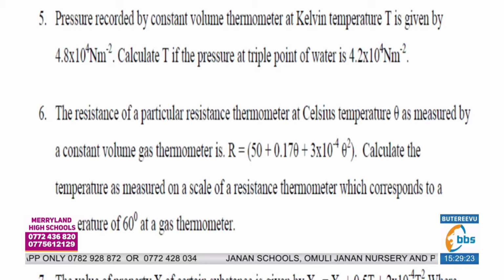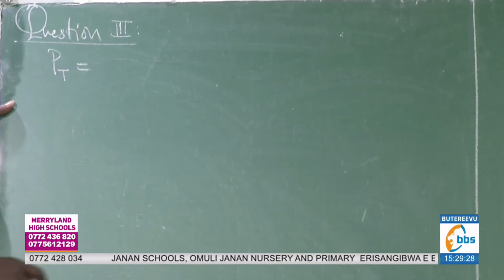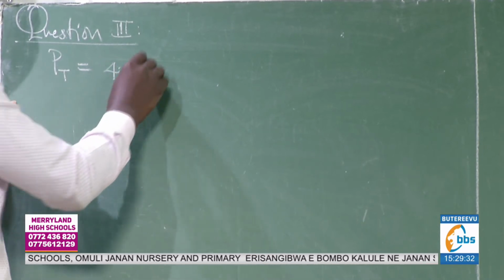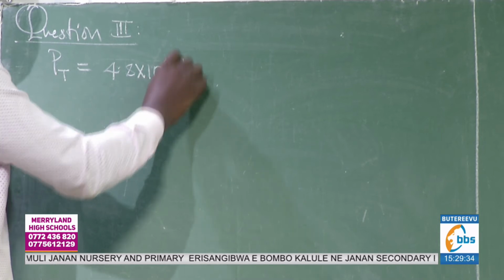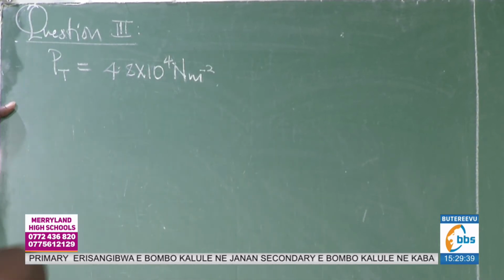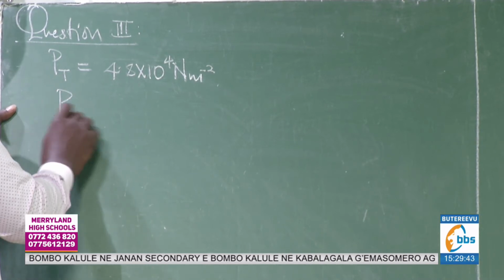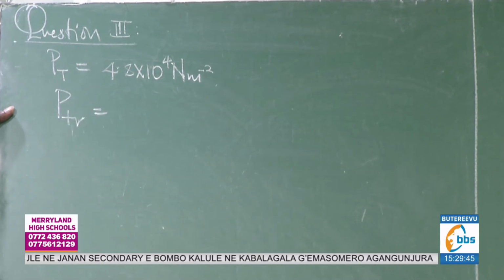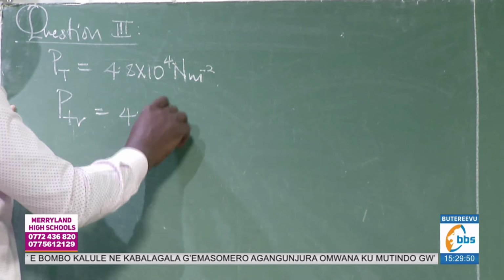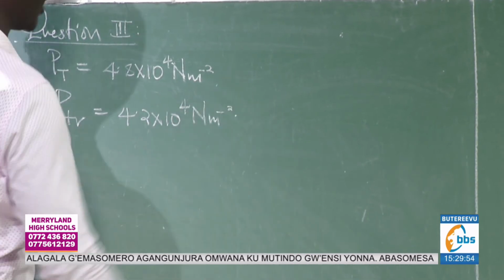In this case, they're telling me that the pressure at the unknown Kelvin temperature, capital T, is 4.8 exponent 4 newtons per meter squared. However, the pressure at the triple point is 4.2 exponent 4 newtons per meter squared.